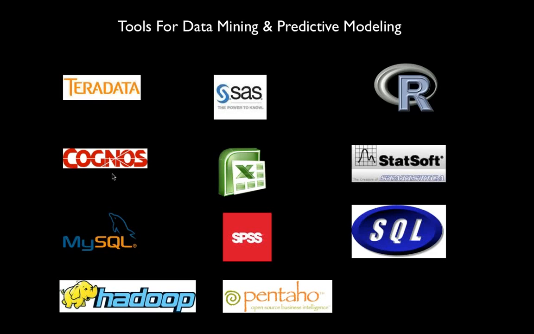MySQL is open source, on which if you add a software called R, which is an open source statistical software, you can just Google R statistical software and download it, or you can take a trial license of Statistica or SPSS which is available. You will notice that you are able to manage it as well as you have the full solution in place to not only manage data but build models.